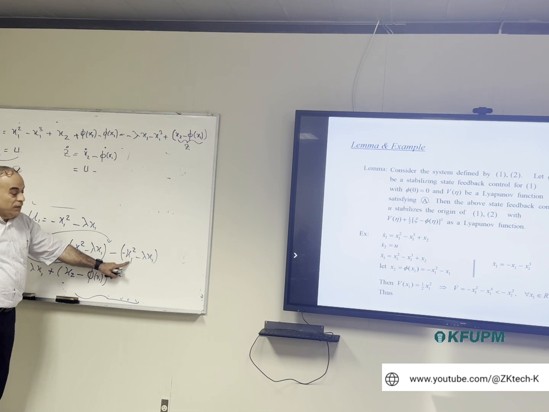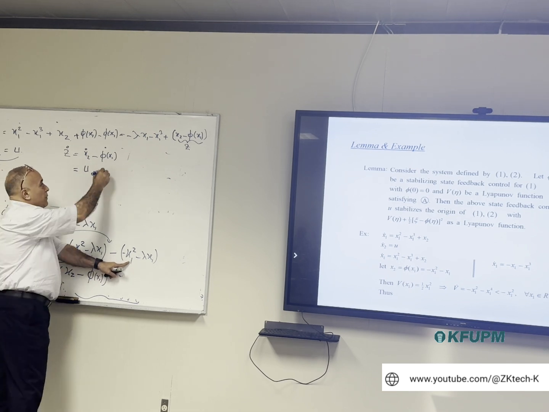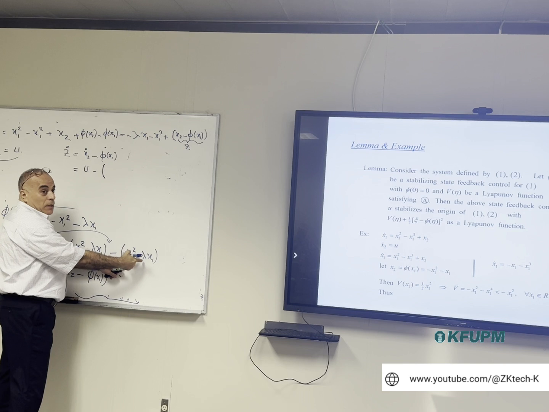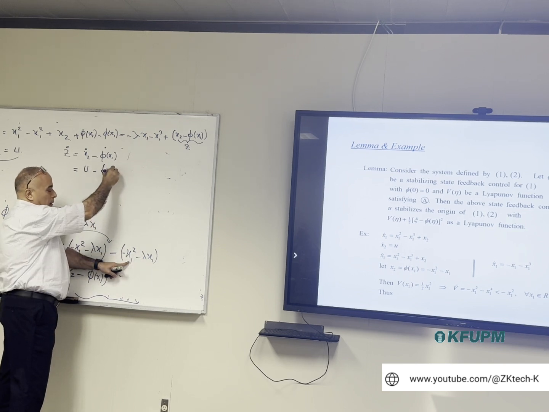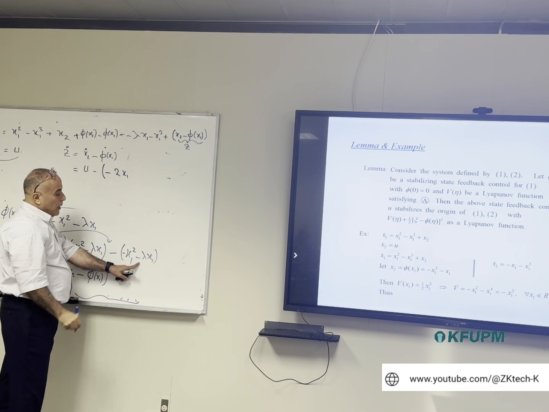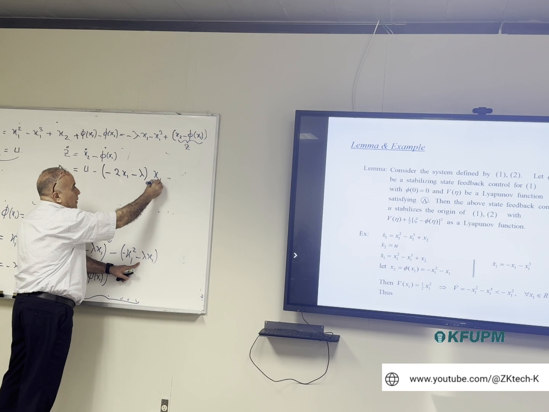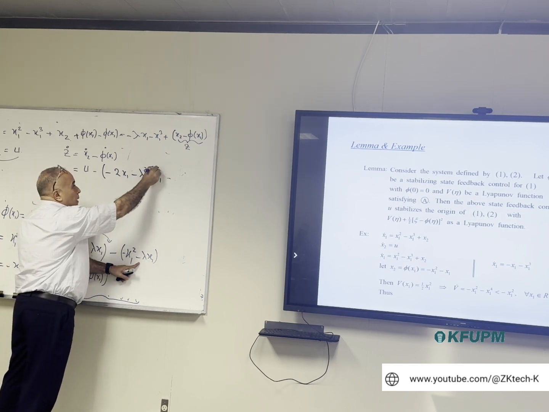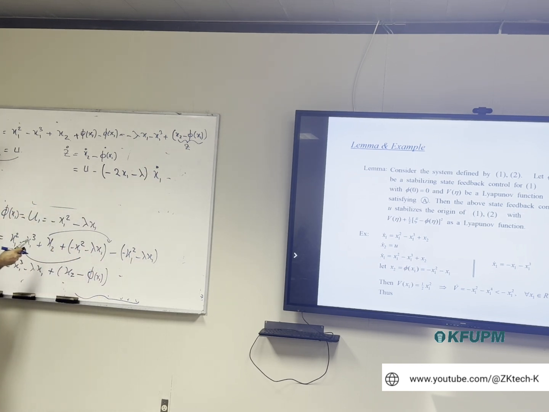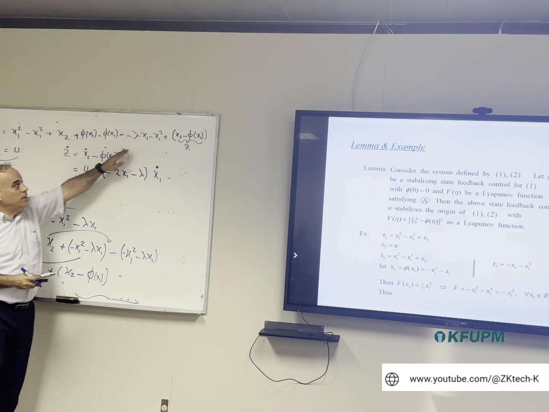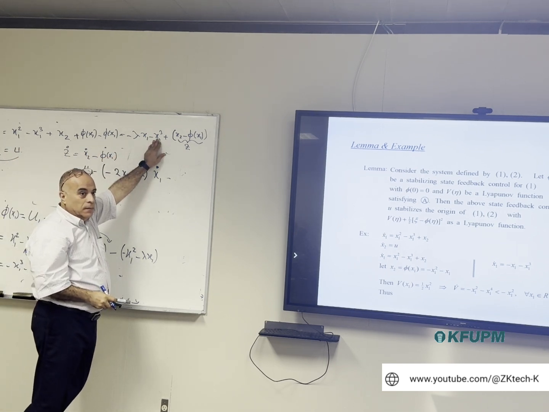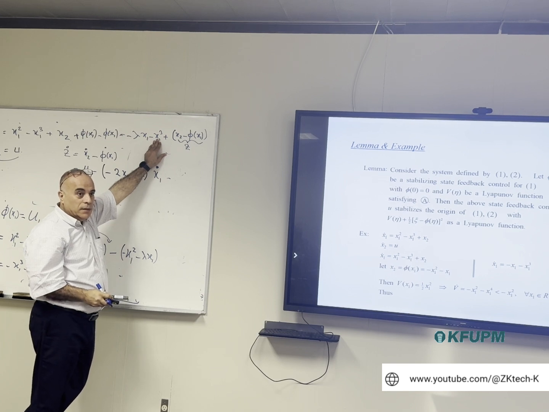So the derivative of this with respect to time, I will have the derivative with respect to x1, so minus 2x1 minus lambda, the whole thing multiplied by x1 prime. And x1 prime is given by this equation or this equation, the way you want. So everything is well defined for us.